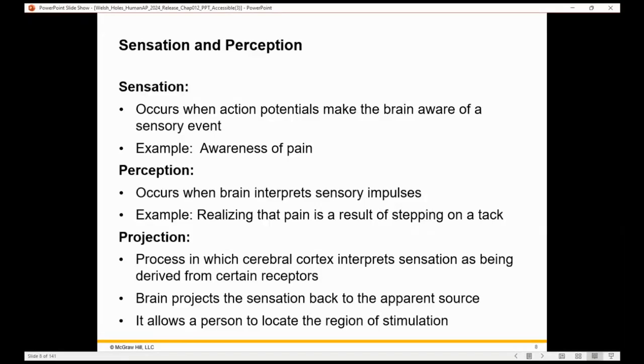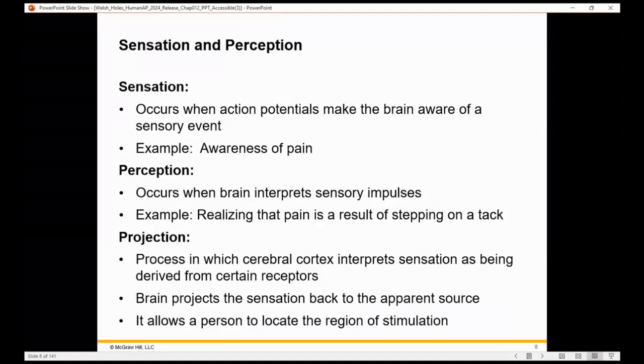Let's talk about these terms: sensation, perception, and projection. Sensation occurs when action potentials make the brain aware of a sensory event, for example, awareness of pain. Perception occurs when the brain interprets the sensory impulses. An example is realizing that the pain is the result of stepping on a tack.